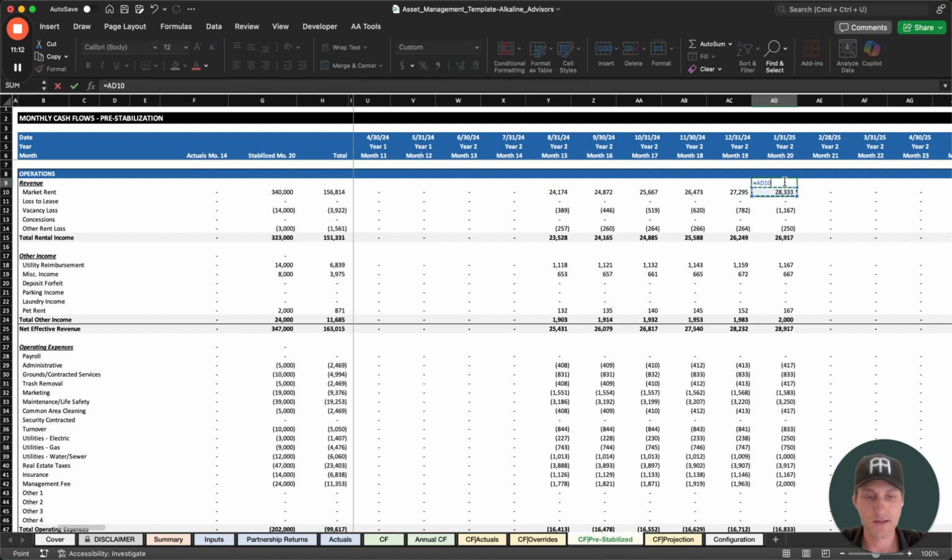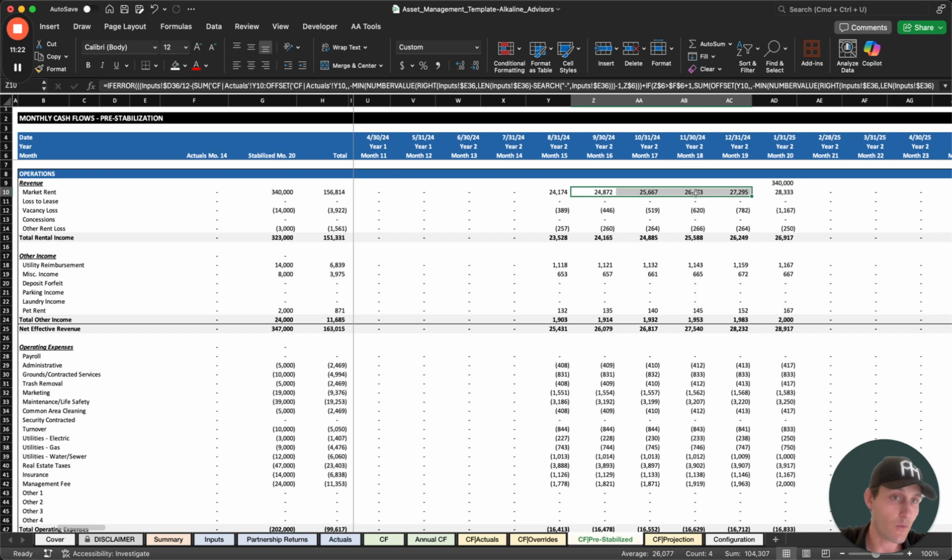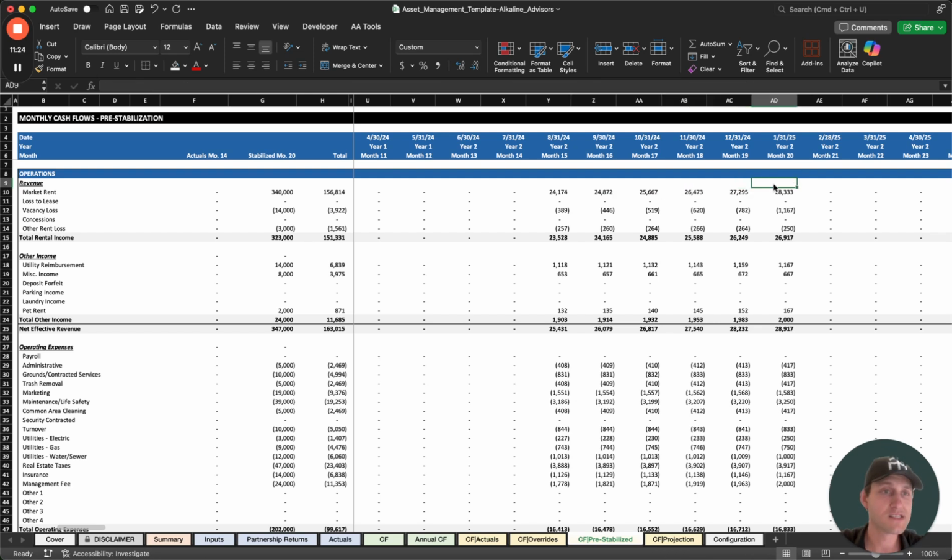Again, it's this figure annualized, 340,000, to figure out what the total difference is, divided by 5, because now there are 5 figures outstanding that we need to solve for. So essentially, we are just taking the trailing 12 months NOI as we've calculated to get us to stabilization. And that's how we're figuring out what the pre-stabilized figures are through stabilization.